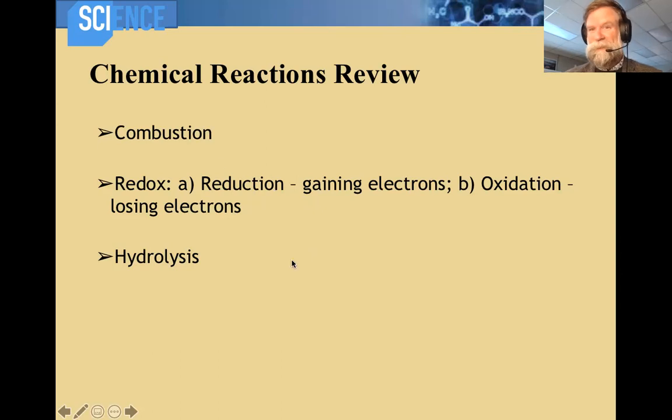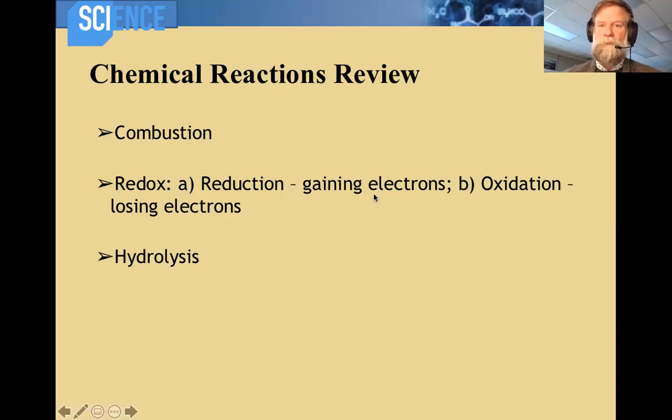There are also some redox reactions that occur in cellular respiration. So we can't say completely that cellular respiration or photosynthesis is only redox. It also has some combustion reactions there. And there are many sub-reactions in cellular respiration as well. But overall, the big picture, the reactants and products make it a redox reaction.